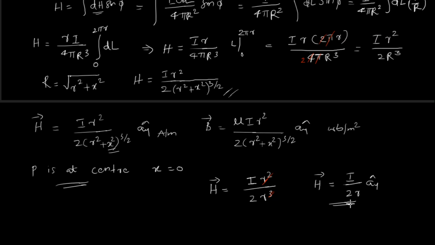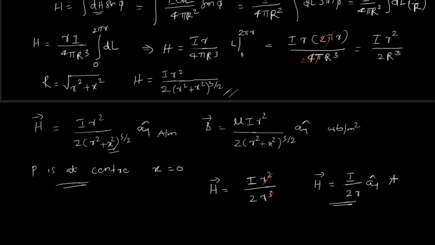Nice. So it's a very simple equation now. It is the current carried by the circular loop divided by 2 times the radius of the circular loop. You will get the magnetic field intensity at the center of the circular loop. So it is never 0. It has a very good value, which is given by I by 2R.